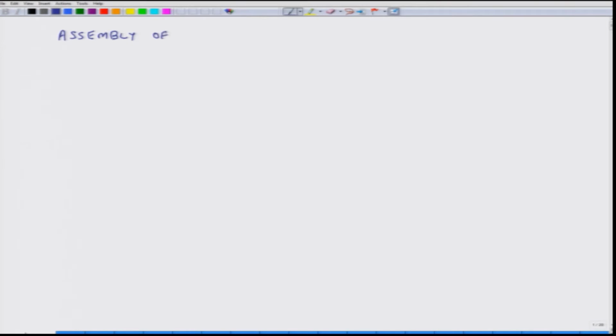Assembly of finite element equations. Okay. So, let us consider 2 elements.